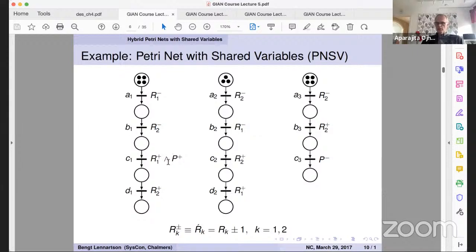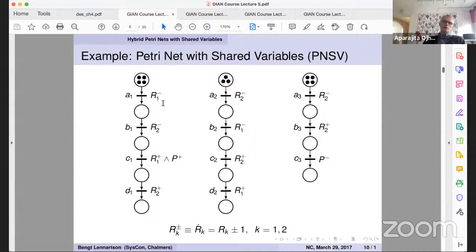And P plus here means that you increase the value of the variable P, and in C3, then you reduce it. And then the C3 condition or action can only be executed when there is at least one element in the P place, or that P is greater than 0, because then you can reduce it one step and it still works fine.